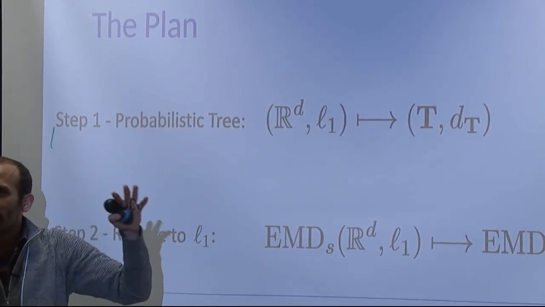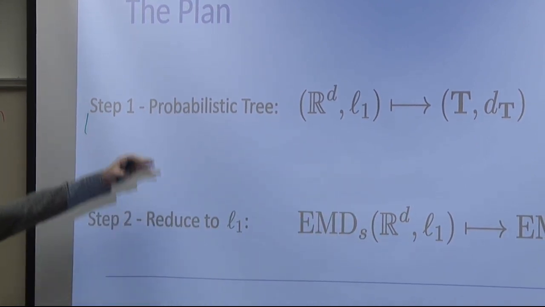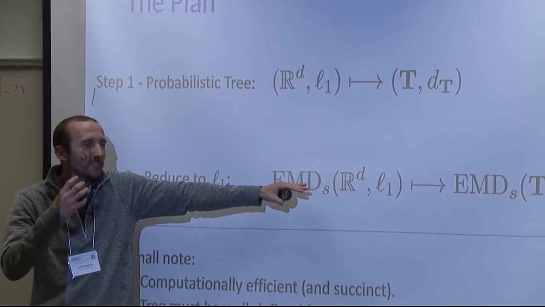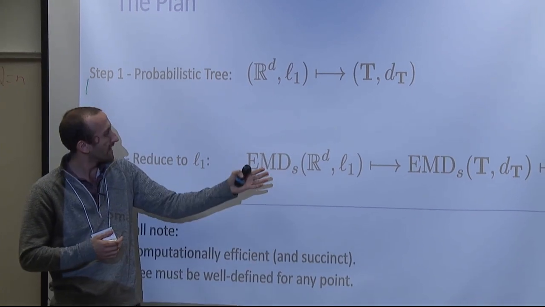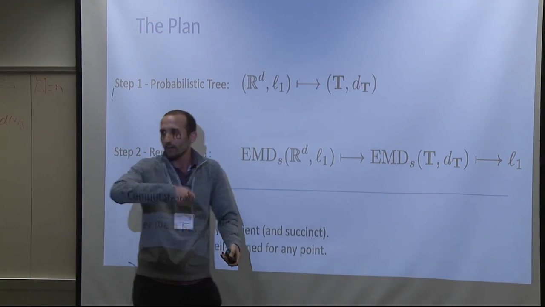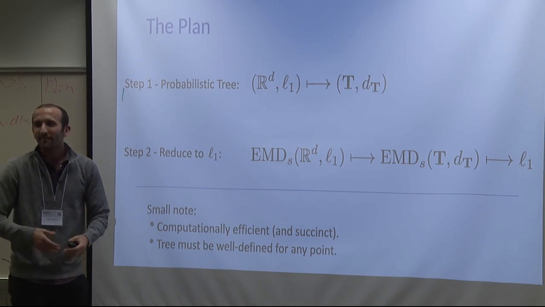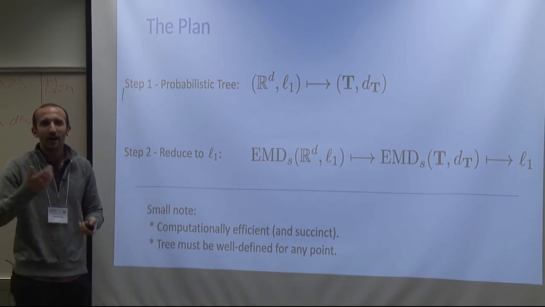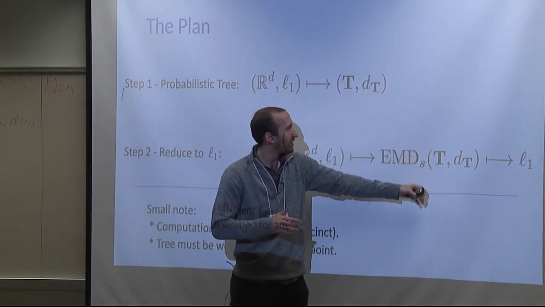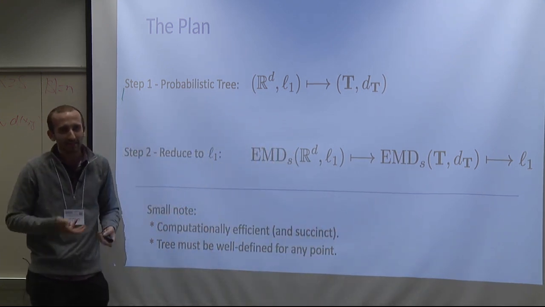Once we have a way of taking points in R^d and mapping them into the leaves of a tree, we're simply going to apply the embedding, which takes each element of your subset and individually applies the tree embedding. So you get EMD from R^d over L1 into EMD over the tree that you sampled. This is just the obvious application to each of your S points. And the fact that this greedy matching was the optimal one makes it not super hard to see that once you're here, you're in good shape. You can essentially capture the cost of this bottom-up greedy matching by a simple L1 calculation.